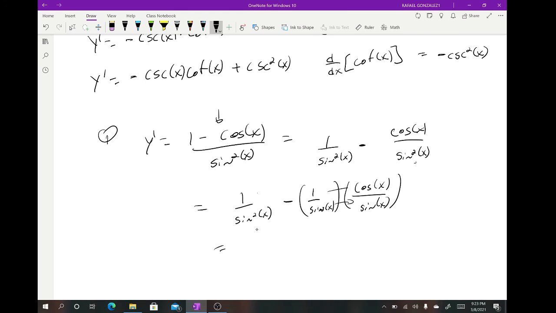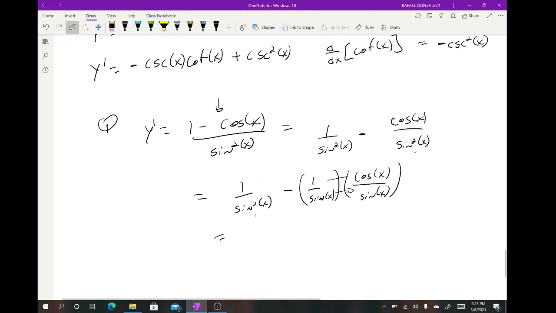But now notice, 1 over sine square x is the same thing as cosecant square x, because cosecant is defined as 1 over sine. So recall, I'll do it down here, recall cosecant of x is equal to 1 over sine of x.